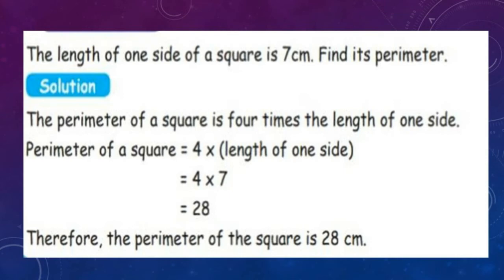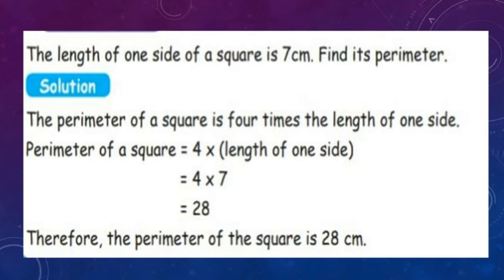Let us find out the perimeter of the square. The length of one side of the square is 7 centimeter. Find its perimeter. The length of one side they have given is 7 centimeter. We know the formula for the perimeter of the square, that is 4 into length of one side.